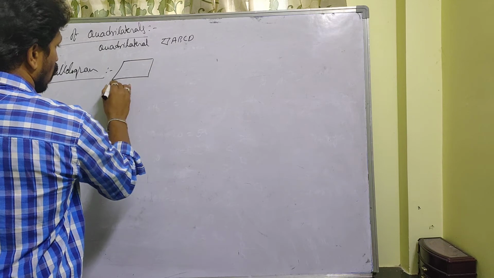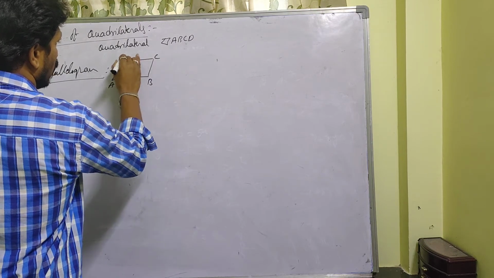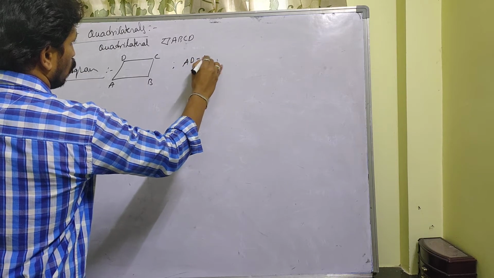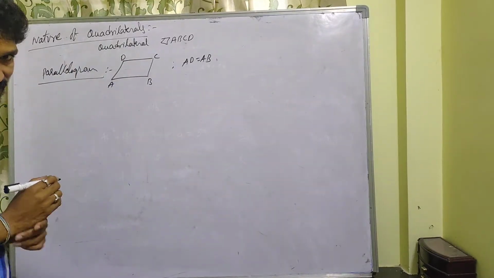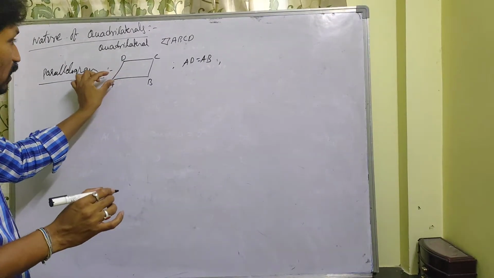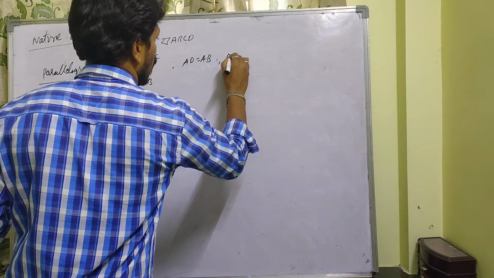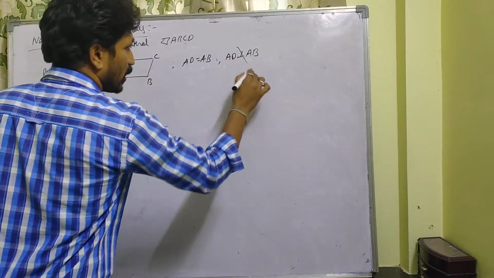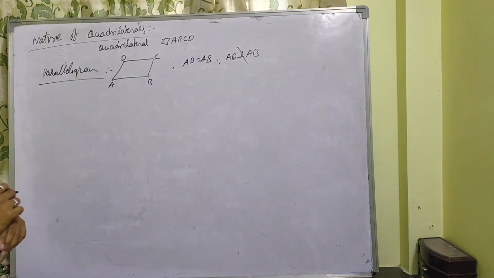You should take the vertices in the order A, B, C, D. So what can you say? If adjacent sides are equal and adjacent sides are not perpendicular, AD is not perpendicular to AB, then it is a parallelogram.